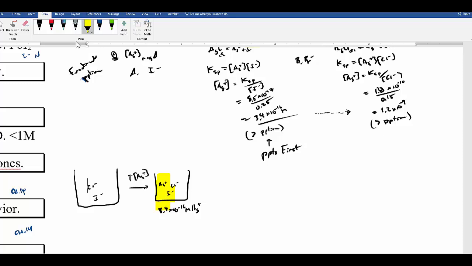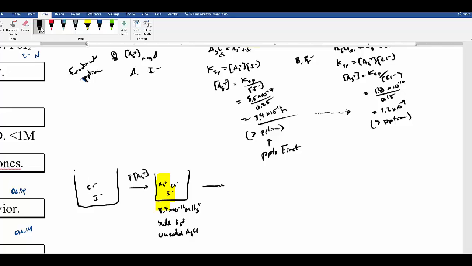So just the silver iodide is saturated. This would be saturated in silver iodide, unsaturated in silver chloride. The silver chloride is not; the concentration is still too small to equal KSP.